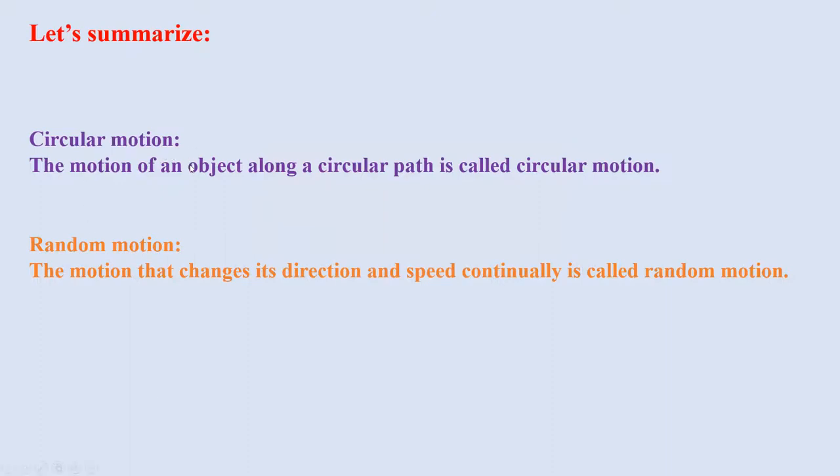For circular motion, one example we saw was the tip of the minute hand, and for random motion we saw the motion of a butterfly, or animals grazing in the garden or field, or the motion of players playing in the field. So students, I hope you all have understood both types of motion very clearly.